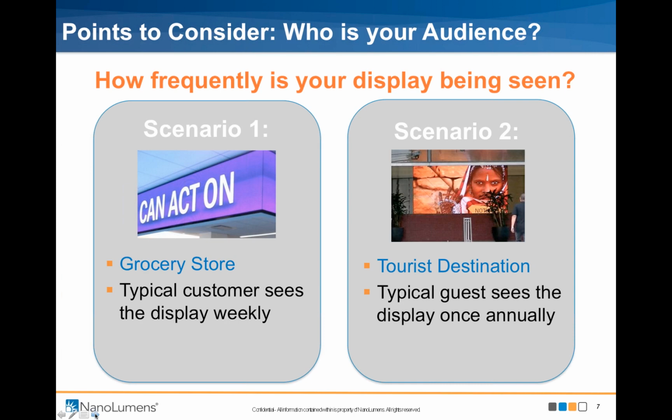The other thing that you need to consider with who is your audience is the frequency that you're going to see them. If you were a grocery store, for instance, and you put digital signage somewhere in your store, you have to realize that customer of yours is going to see this digital display every week, if not twice or 3 times a week, for a long period.